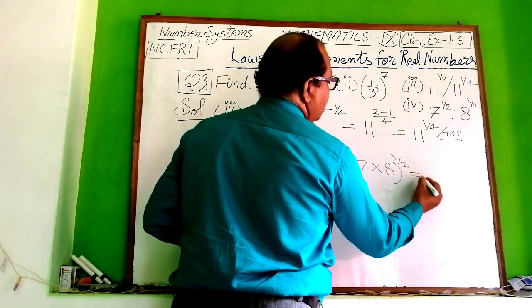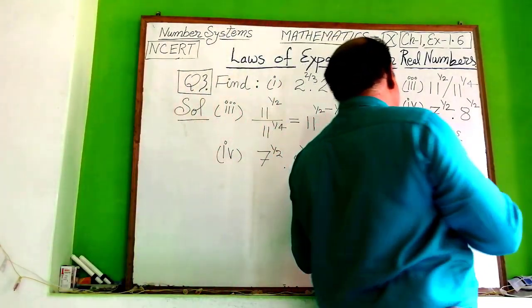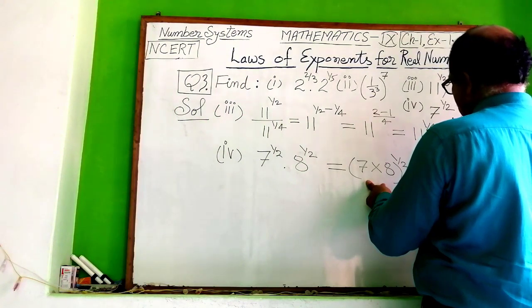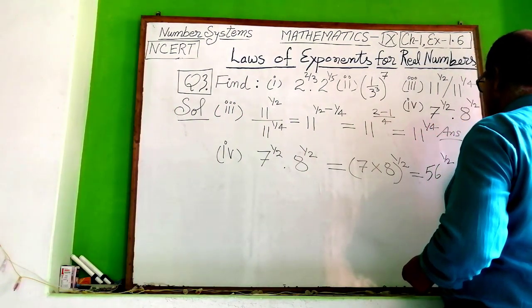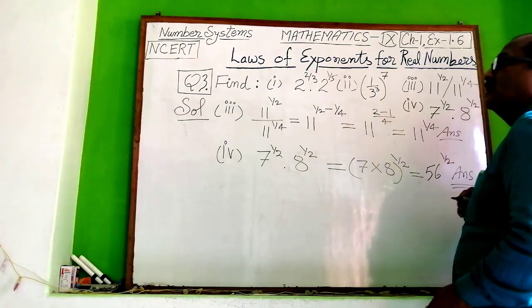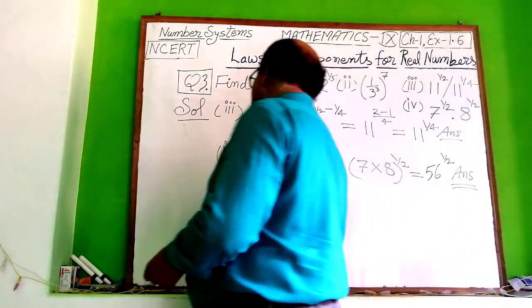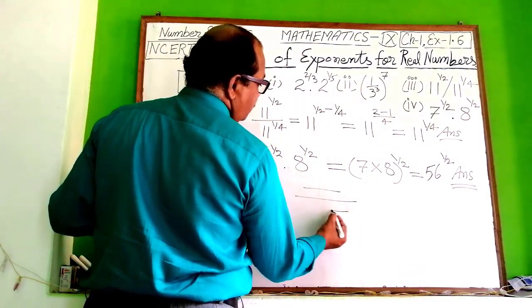So you can see 8 7s are 56 and power is 1 upon 2. This is the answer of this fourth part, and in this way this exercise completes.